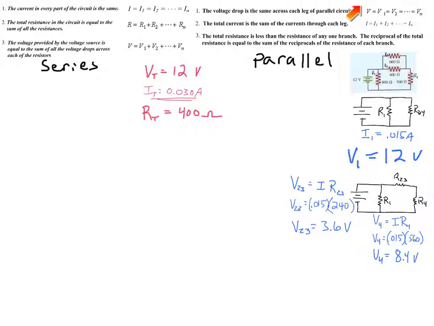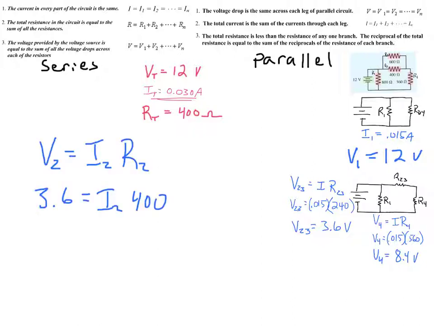The current, however, adds up for those resistors in parallel. We know that the total current through this section will be 0.015 amps, and so the current through each individual resistor, R2 and R3, needs to add up to 0.015 amps.